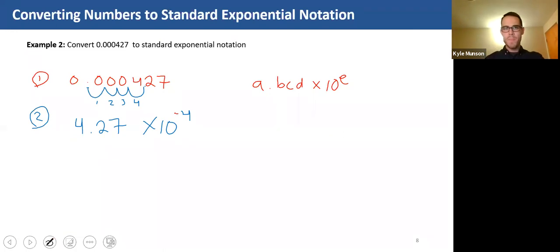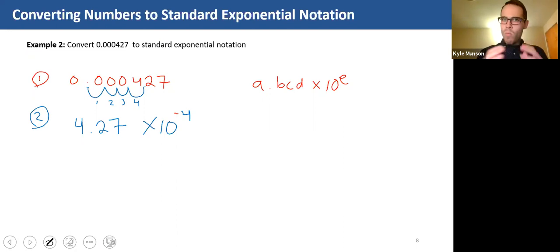All right. So again, in the first example, you can go back, rewatch it. We moved left. So the exponent is positive, or a bigger number. I moved to the right here, and it is a smaller number.